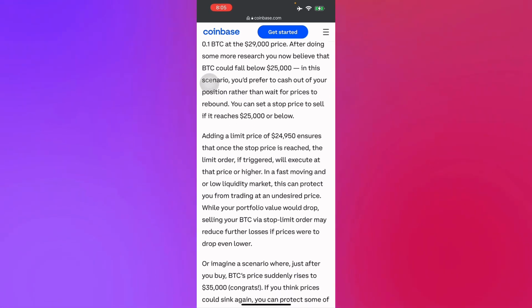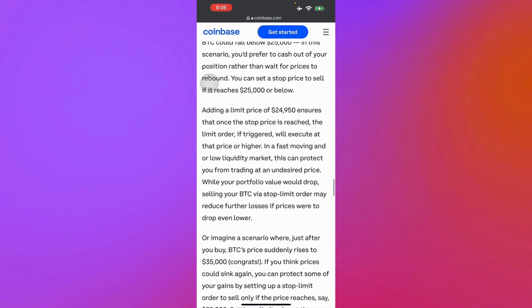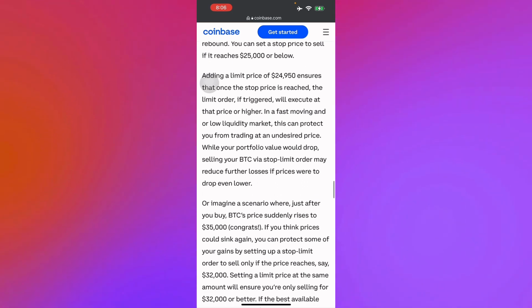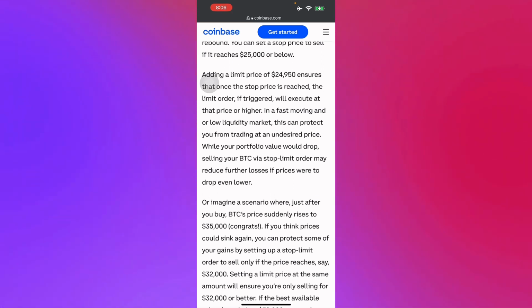Adding a limit price of $24,950 ensures that once the stop price is reached, the limit order, if triggered, will execute at that price or higher. In a fast-moving or low-liquidity market, this can protect you from trading at an undesired price.